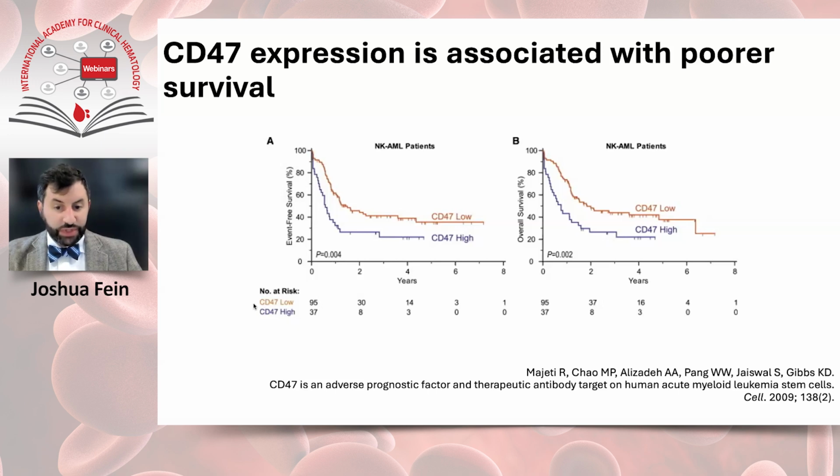Most of the AMLs actually fell on the low side. But if you look at that CD47 high group, you have significantly worse event-free survival and significantly worse overall survival in the context of this higher CD47 expression.